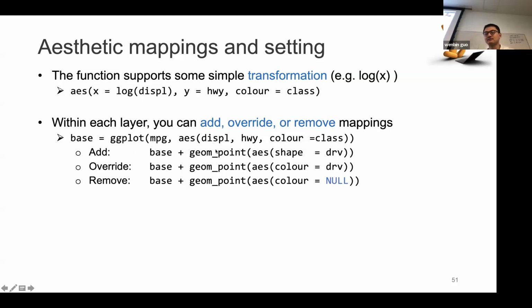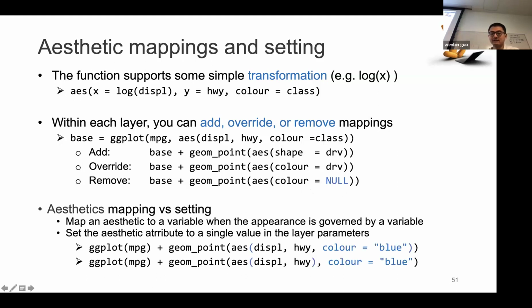In this layer, you can add different mappings or override them. For example, the previous color is attribute class, and you can change it to some other variable, or even remove the mapping by simply mapping the variable to a null value.